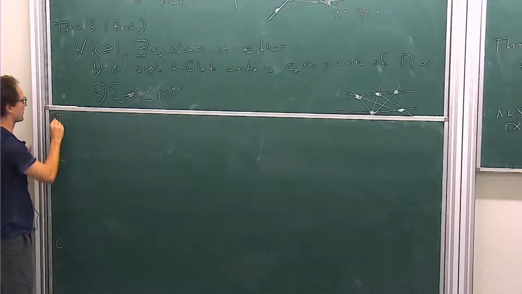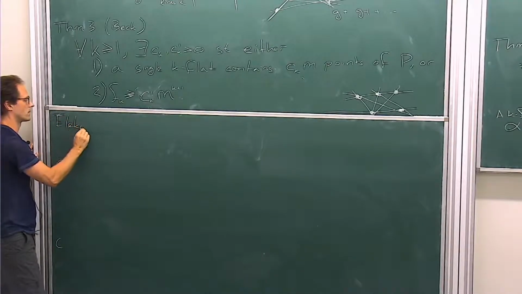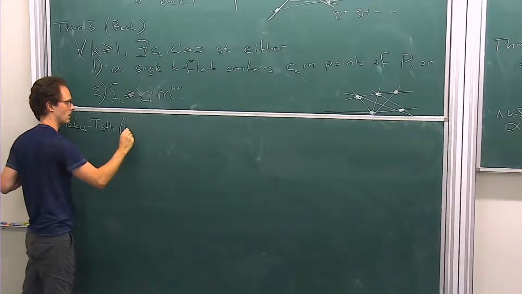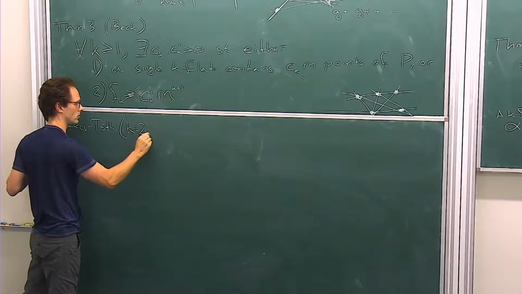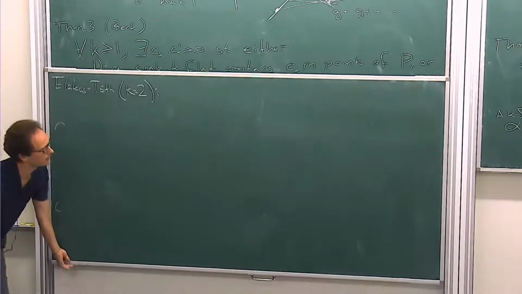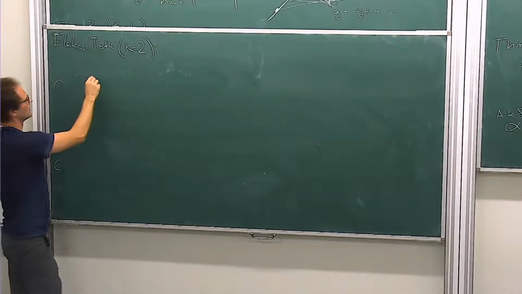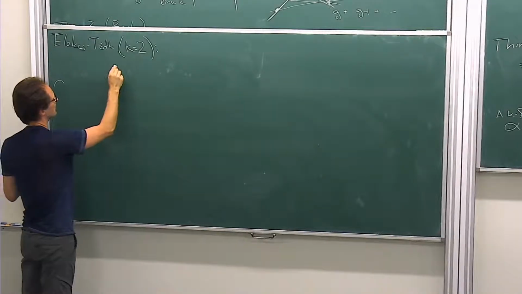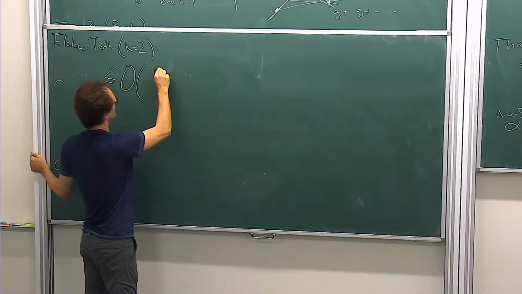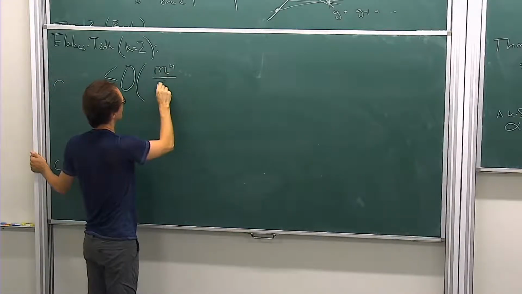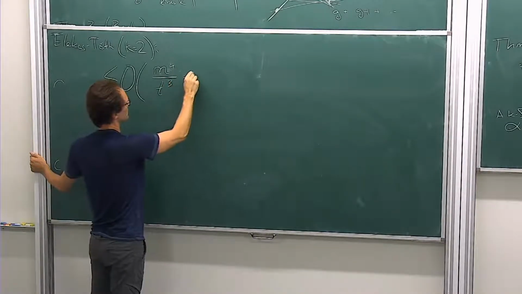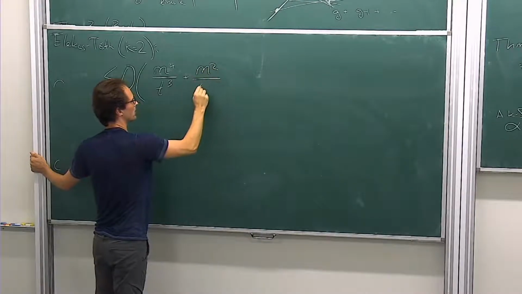So Elekes and Tóth, for k equal to 2, we have the upper bound is order m to the 4 over t cubed plus m squared over t squared.